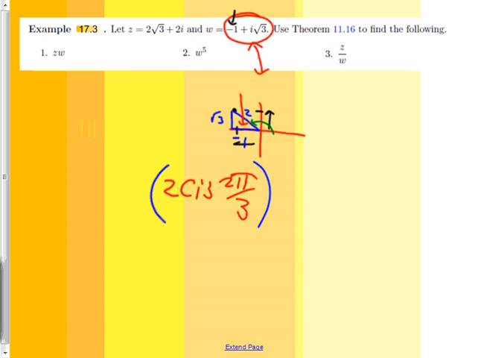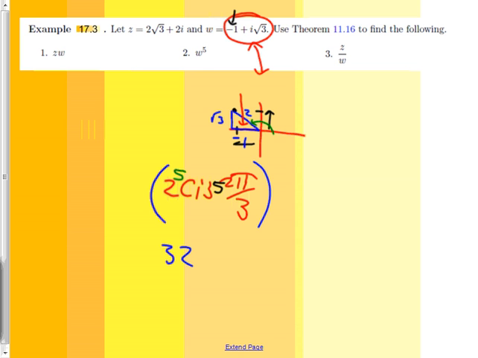Would you agree that I am putting this to the 5th power? You with me so far? All right. I'm putting this to the 5th. So DeMoivre's is all about applying the exponent. There we go. 2 to the 5th, which is 32.